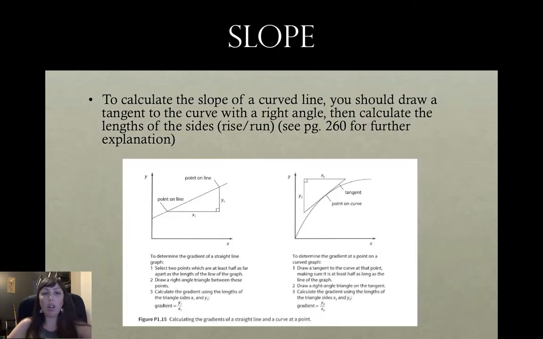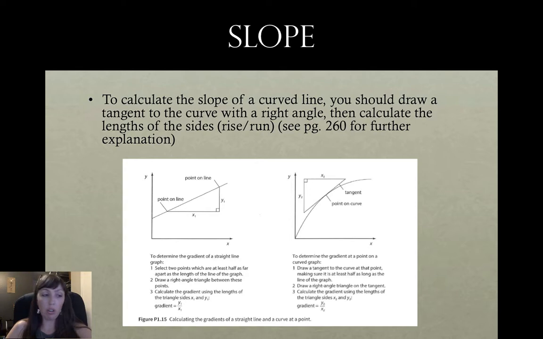Okay, so just to throw this out there, I don't know how much we've actually talked about this. So usually when you're calculating slope on a graph, or at least in STEM, when we were calculating slope, we were calculating slopes of a straight line. And so in order to determine the gradient of a straight line, you select 2 points, which are at least halfway apart. You draw a right triangle and you calculate the gradient between them.